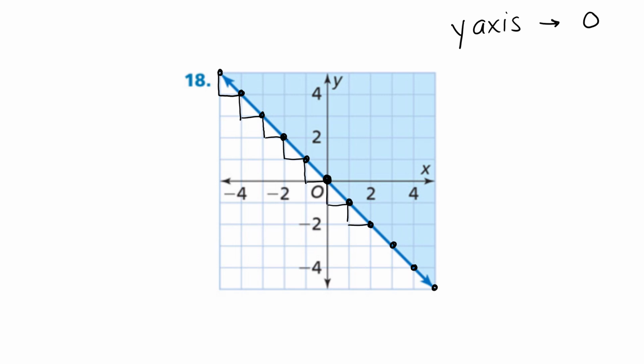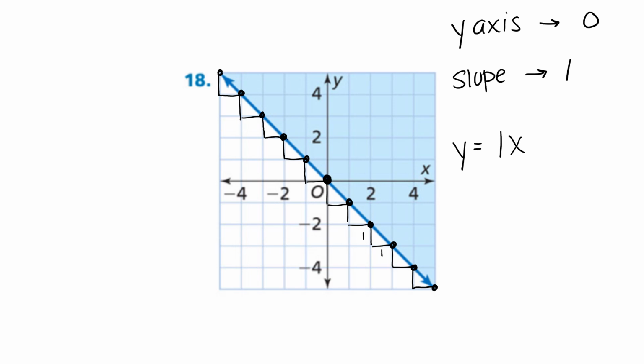That pattern continues all across the graph, meaning we have a slope of 1. And so our general equation is y equals 1x plus 0. You do not have to include the plus 0 in the equation.